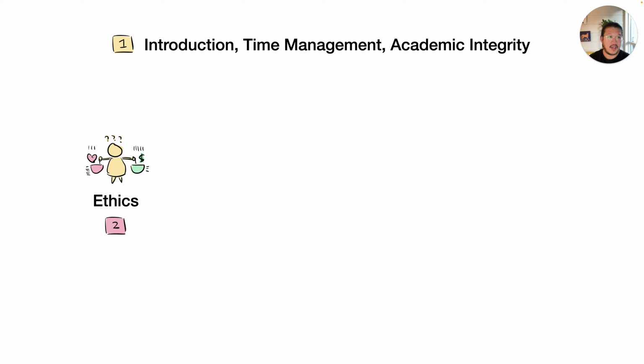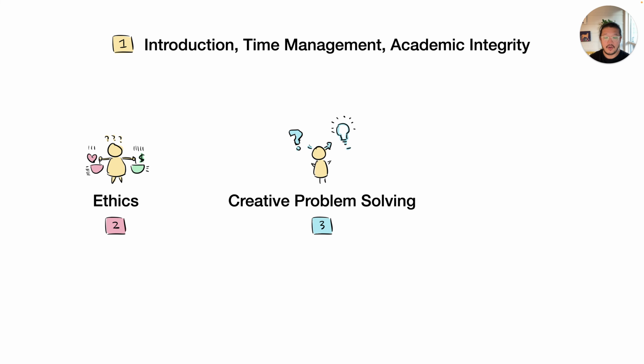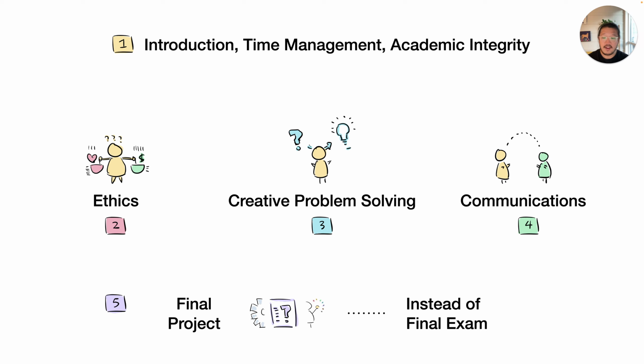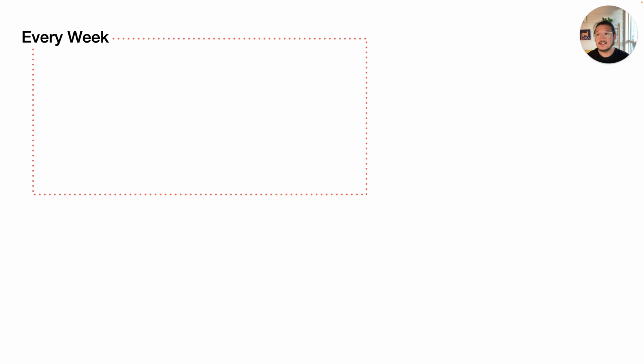And then we get into the core of our course. The 3 modules, 2, 3, 4, are ethics, creative problem solving, and communications. And finally, we have module 5, which is the final project. You do the final project instead of a final exam. So there's no exam in this class.